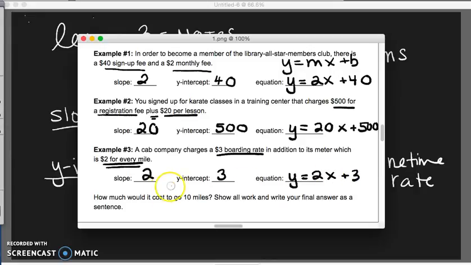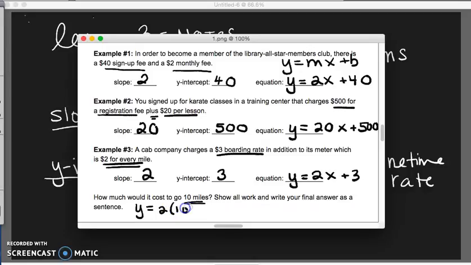Now using that equation, it asks, how much would it cost to go 10 miles? Show all your work and write your final answer as a sentence. You substitute the 10 into your x.